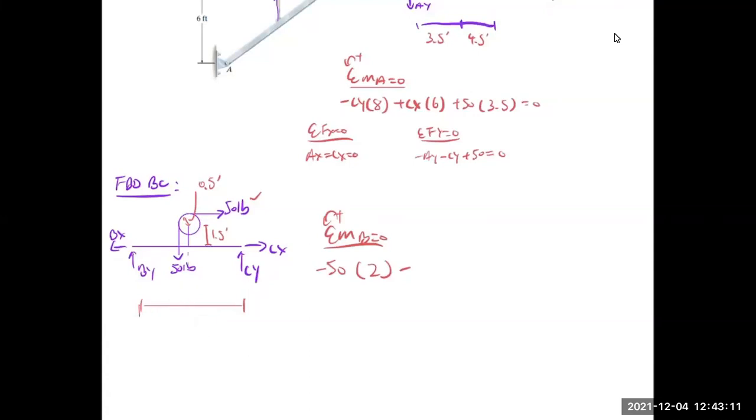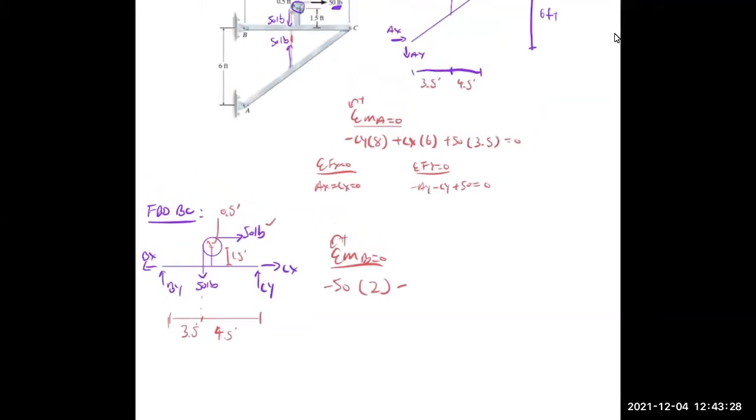This right here will be 4 feet and 4 feet, but we're concerned about this rope right here, so it'll be 3.5 feet this way, 4.5. I have this 50-pound force going like this to B, also clockwise, so minus 50 multiplied by 3.5.